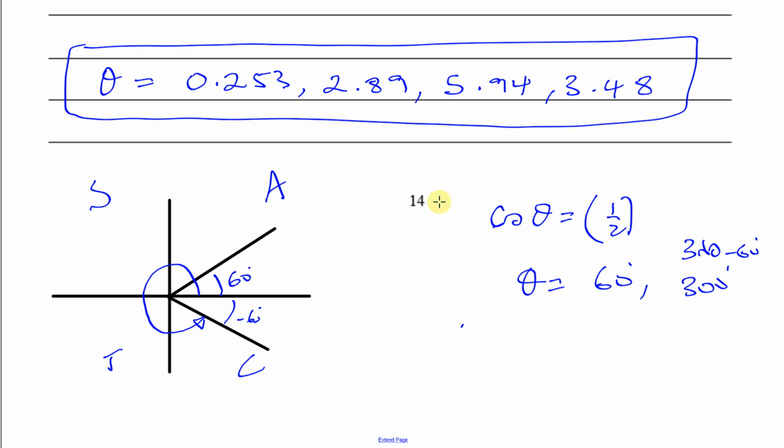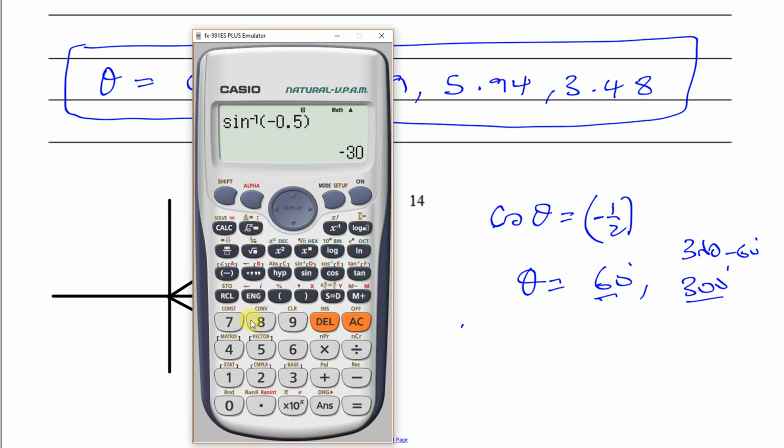Even if cosine theta equals negative a half, what happens? Well, if cosine theta equals negative a half, this is what happens. You end up with inverse cosine of negative 0.5. Now that's going to give you an obtuse angle, 120.